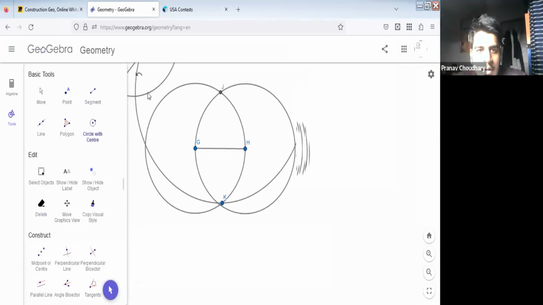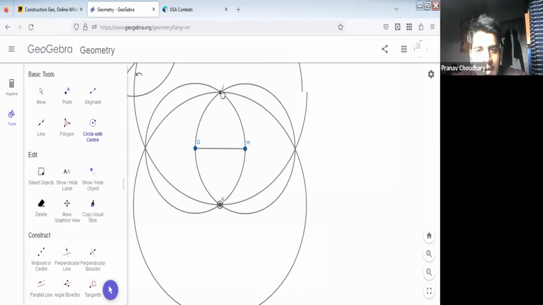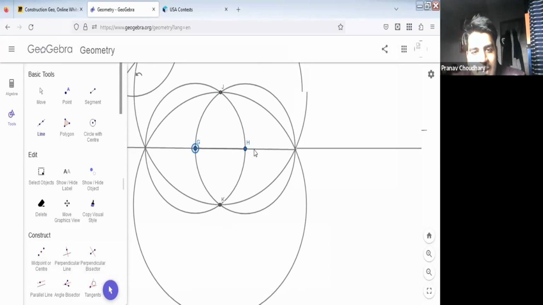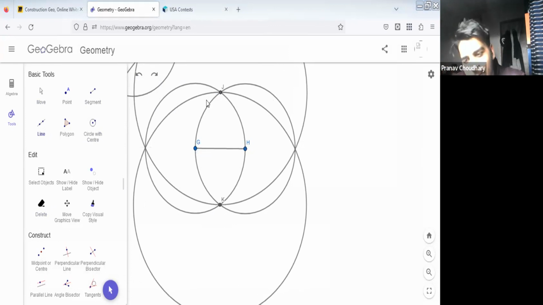Okay, but what happens if we draw this? I know the proof, but I'm just trying to prove it in another way. Okay, don't judge me for this. These 2 points lie on this line.